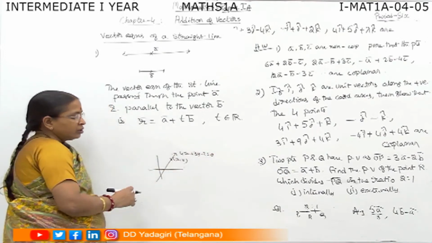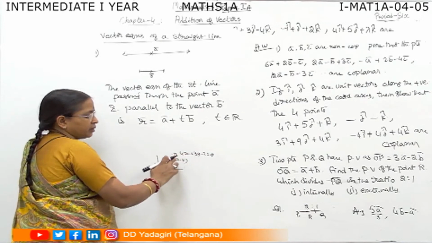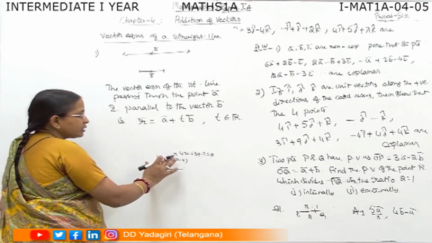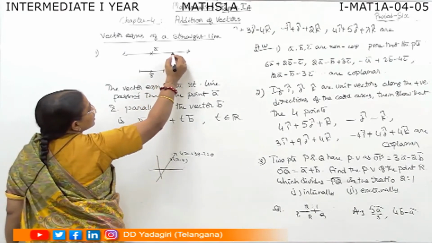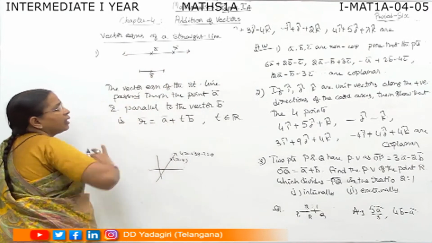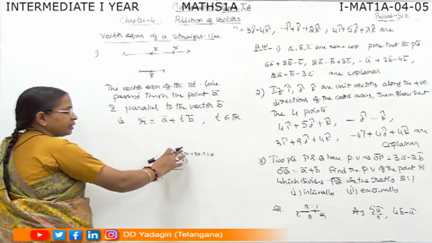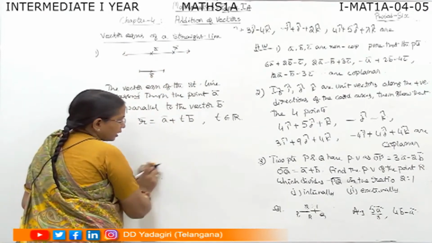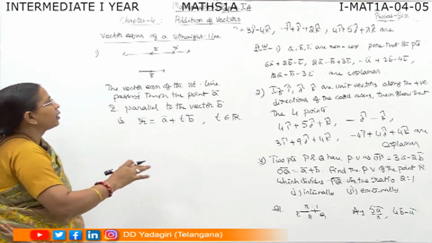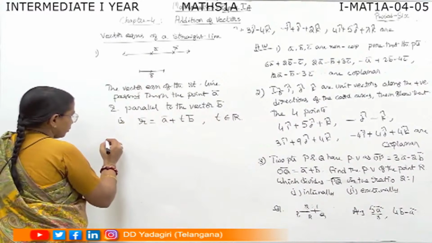Here x and y are variables; xy is a variable point, any point on the line. In the same way, here also r is a variable point. r is any point on the straight line.